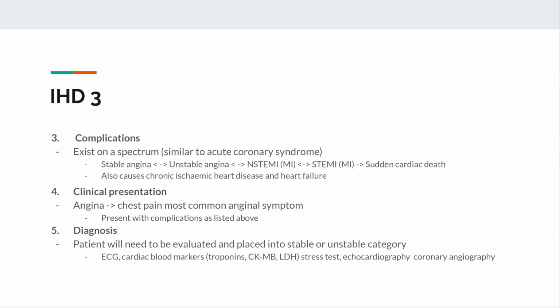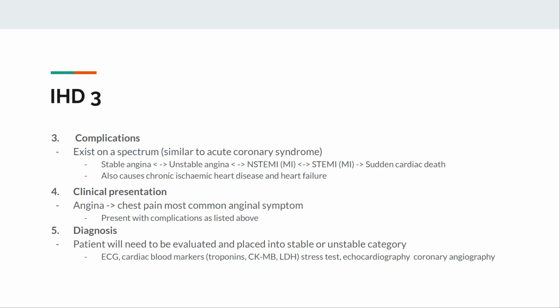We'll talk a little bit about angina in a minute, but this is where you're getting some cardiac pain upon exercise, whereas unstable angina is where you're getting cardiac pain, so heart pain, not just in exercise, but during rest as well. This exists on a spectrum as well with an NSTEMI, or non-ST elevated MI, and a STEMI, which Claudia will take you through in a little bit.